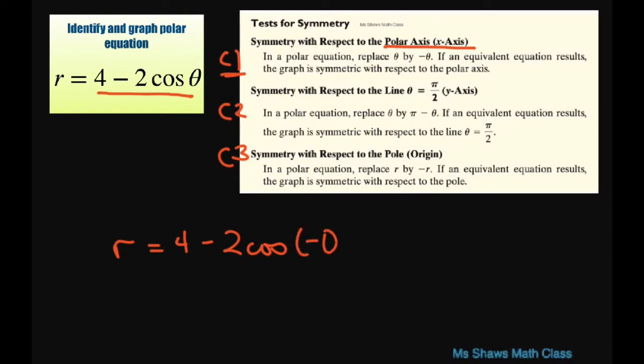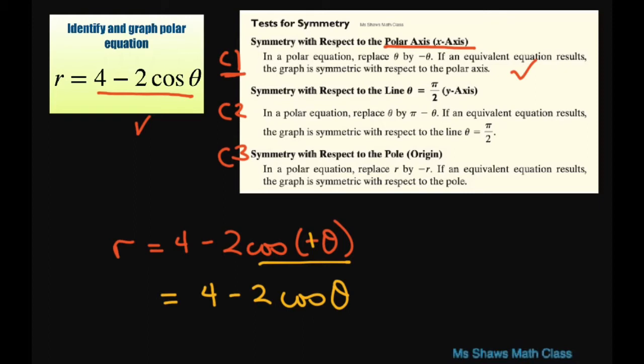Well, basically, we're just testing if it's an even or odd function. Cosine is even, so we can just change that to positive. Since it equals back to my original equation, that means we pass condition 1, so our graph is going to be symmetric with respect to the polar axis.